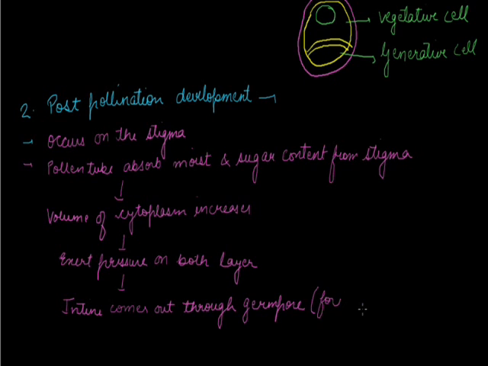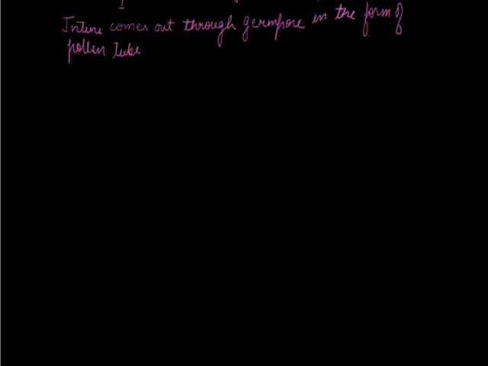in the form of pollen tube. Then, first of all, what happens? The vegetative nucleus enters into the pollen tube.